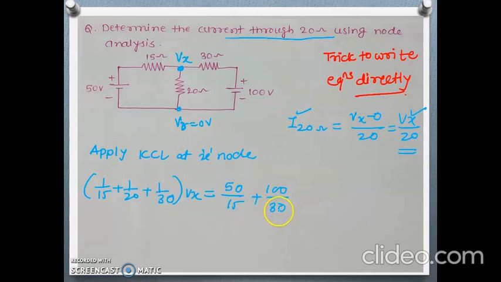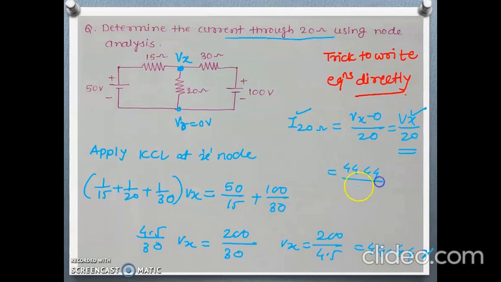When we calculate this, we will get 4.5 Vx equals 200 divided by 30. That means Vx is equal to 200 divided by 4.5, which is nothing but 44.44 volt, and this 44.44 volt divided by 20 will be 2.22 ampere, and this is the required current.